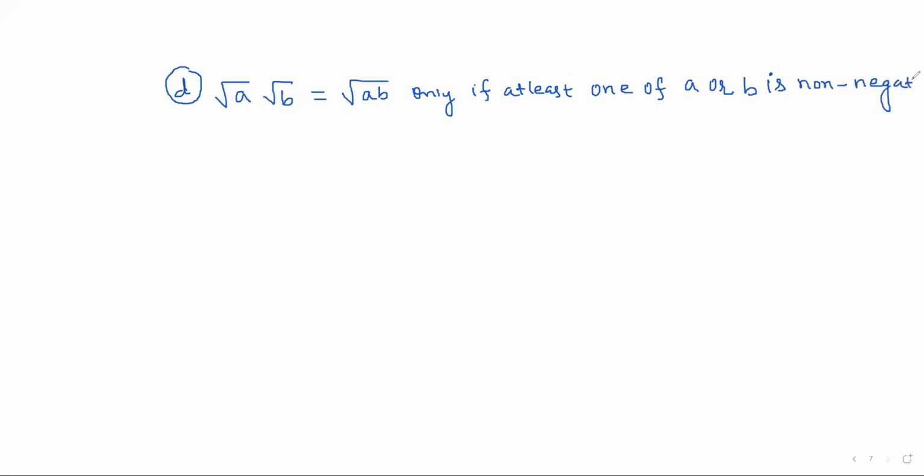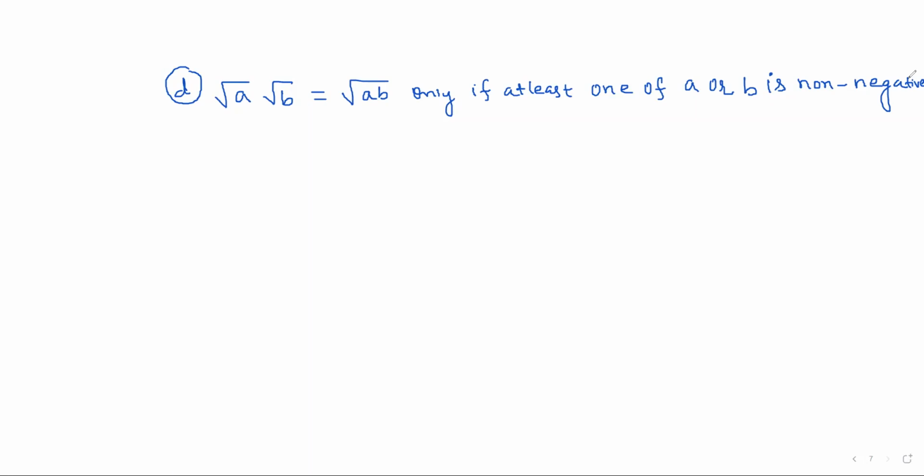Point D: under root of A into under root of B is equal to under root of AB only if at least one of A or B is non-negative.